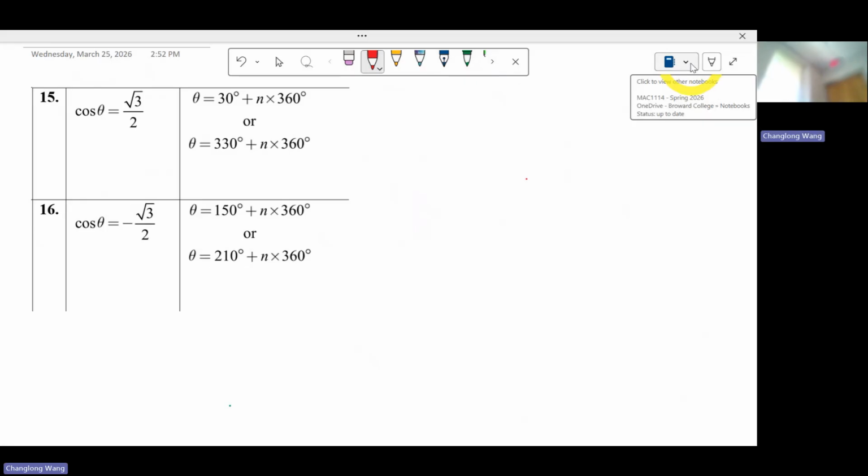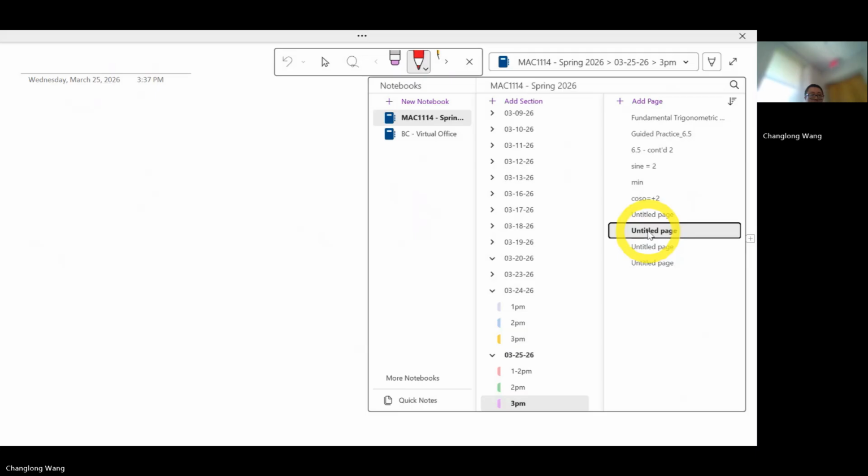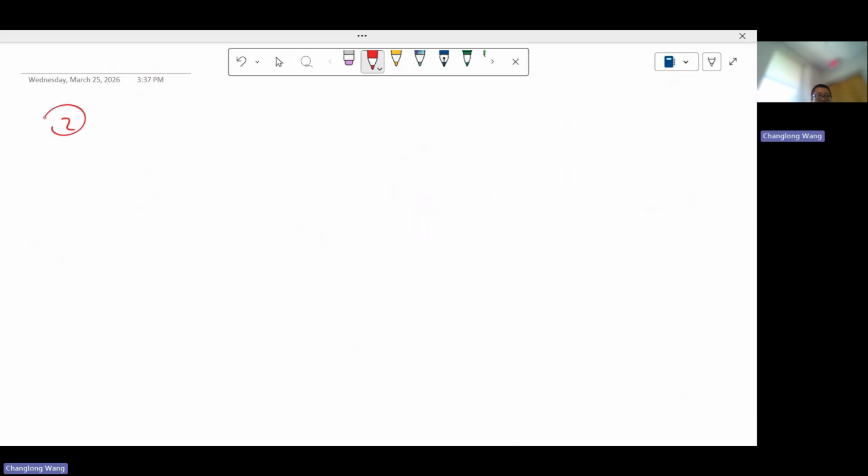Let's take a look at the other page, number 2. Tangent theta is radical 3/3. If you're wondering where the unit circle is, you don't need it anymore, and that's how easy it is to work with tangent.